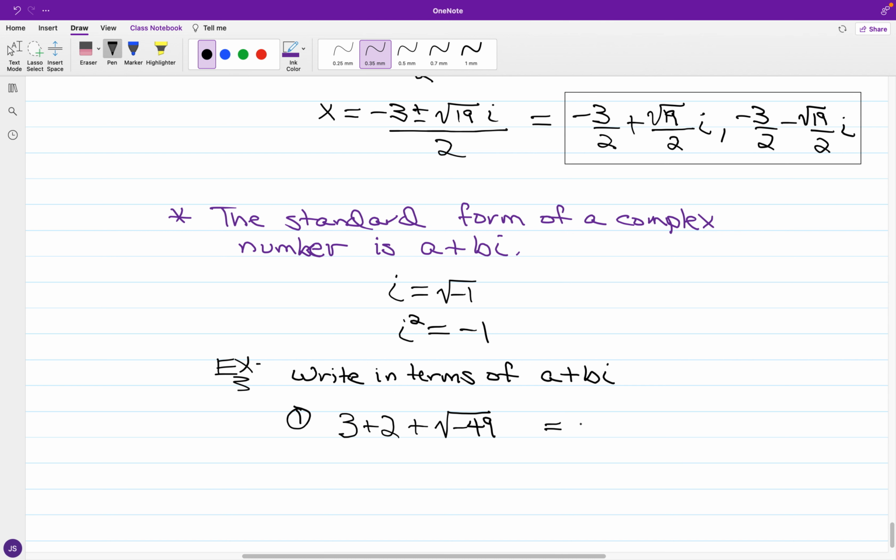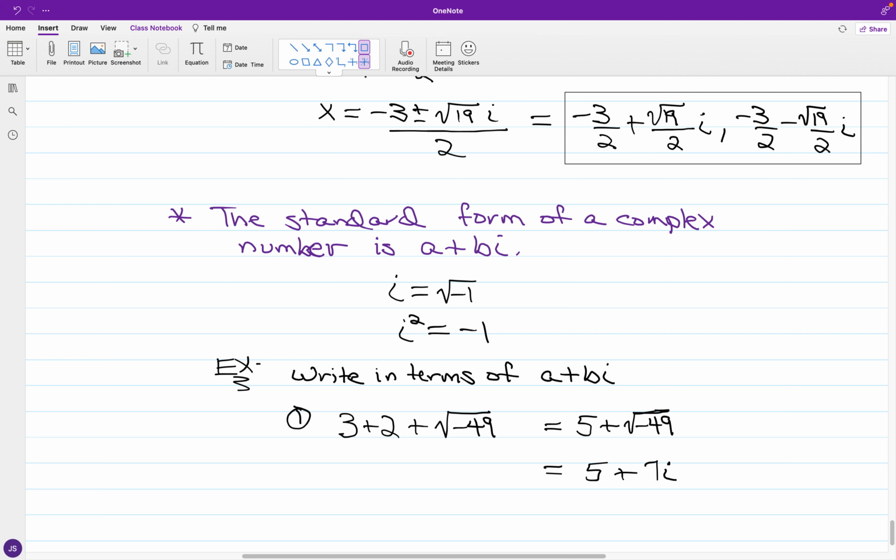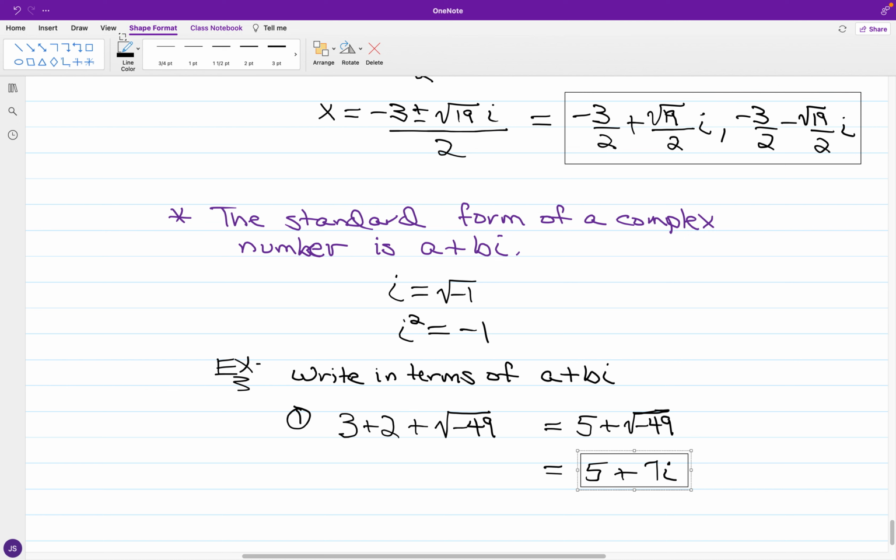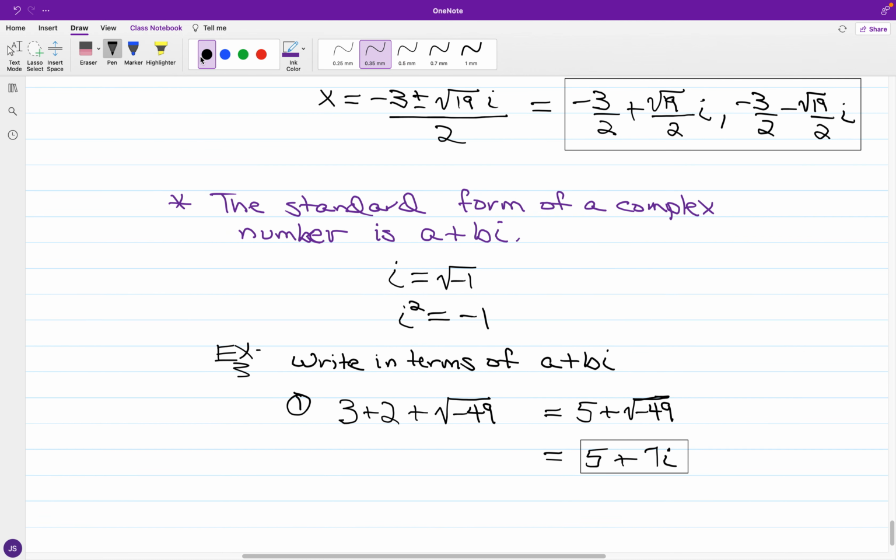Those are real values, and just cluster those together. And for the square root of negative 49, the square root of 49 is 7, but the square root of negative 49 is going to be 7i.